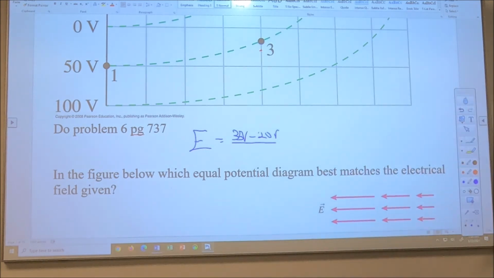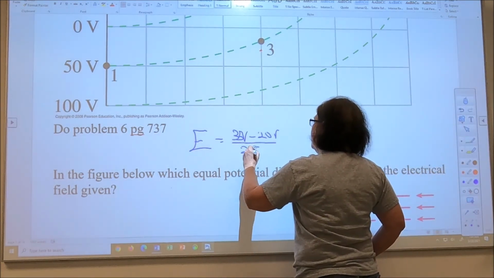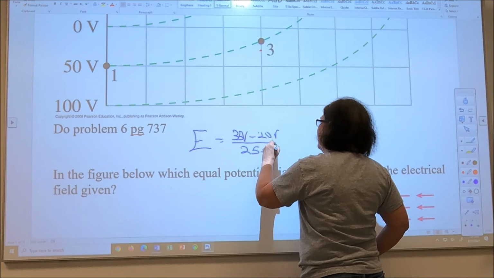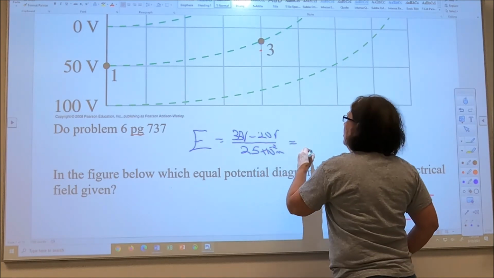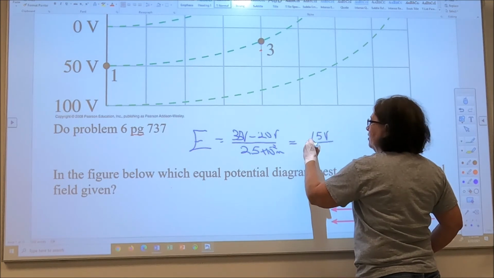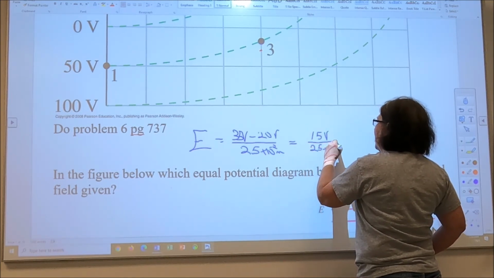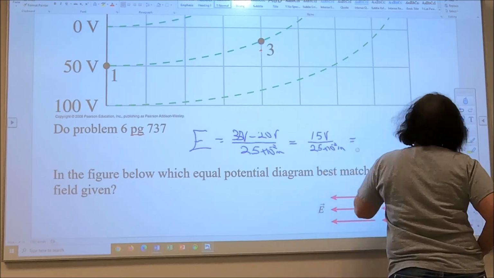And we're told that the plates on this parallel plate capacitor are 2.5 centimeters apart. So 2.5 times 10 to the minus 2 meters. So 15 volts divided by 2.5 times 10 to the minus 2 meters.